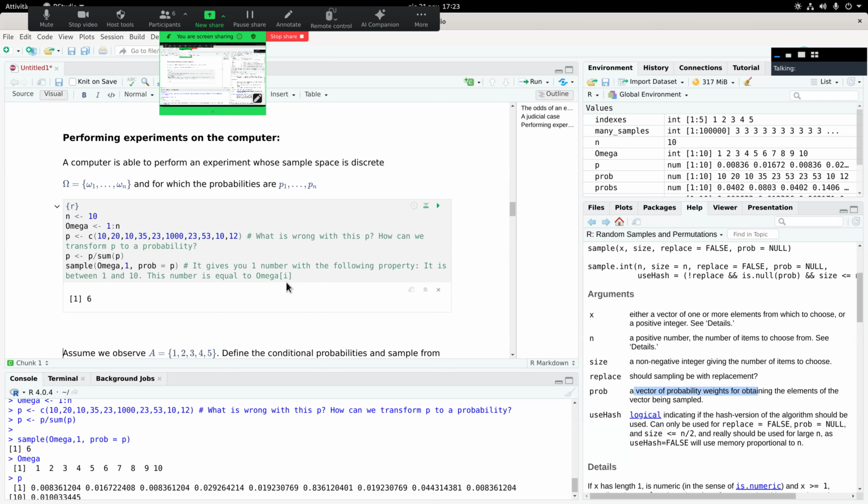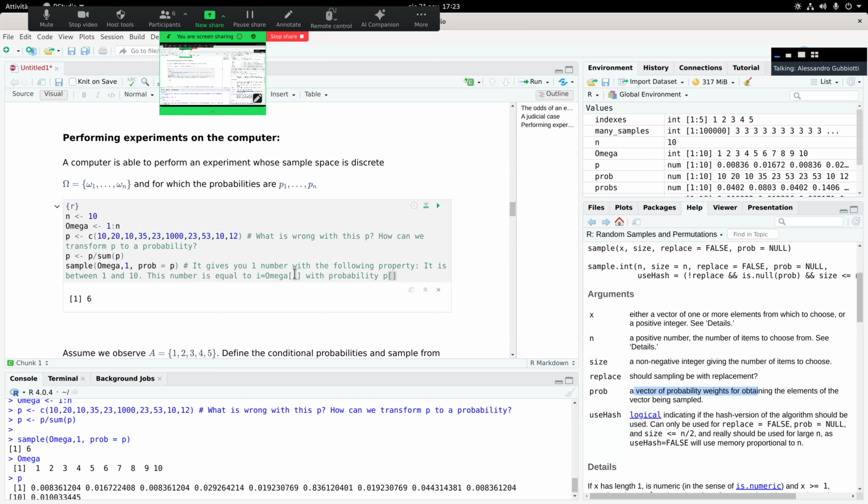So what is omega e? No, I made a bad choice actually. Omega e is equal to e. So this number is equal to omega e with probability p of e.